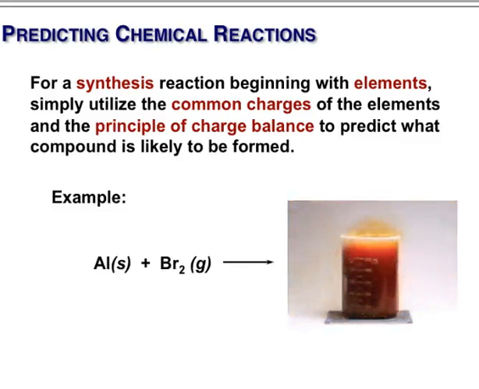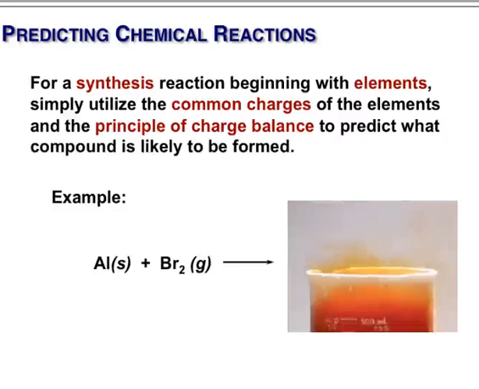Don't do this at home. And when you're done, we're left with a little crusty patch of a solid around the outside. Now, how do we predict? This is obviously going to be a synthesis reaction.